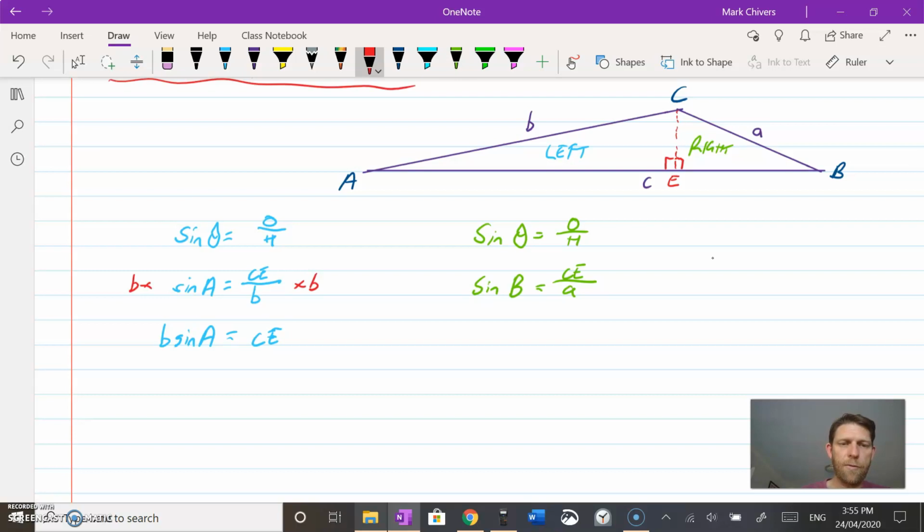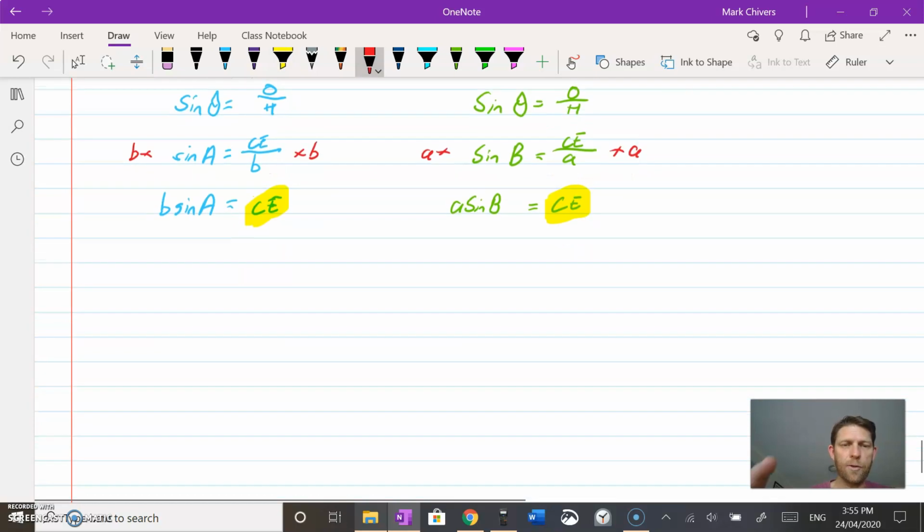And once again, if we multiply both sides by a, we're going to get CE on its own. So we're going to end up with a sine B equals CE. So now we've got this situation where both of these expressions are equal to CE. So if they're both equal to CE, then they must both be equal to each other.